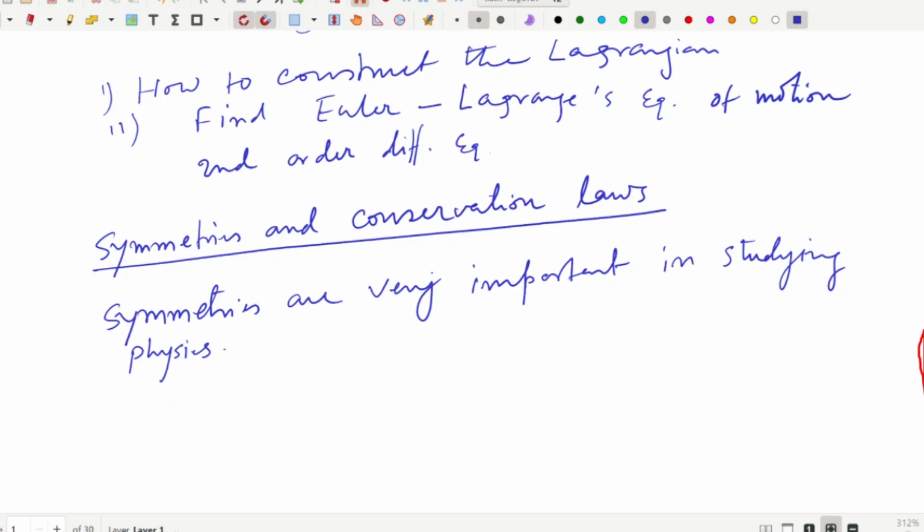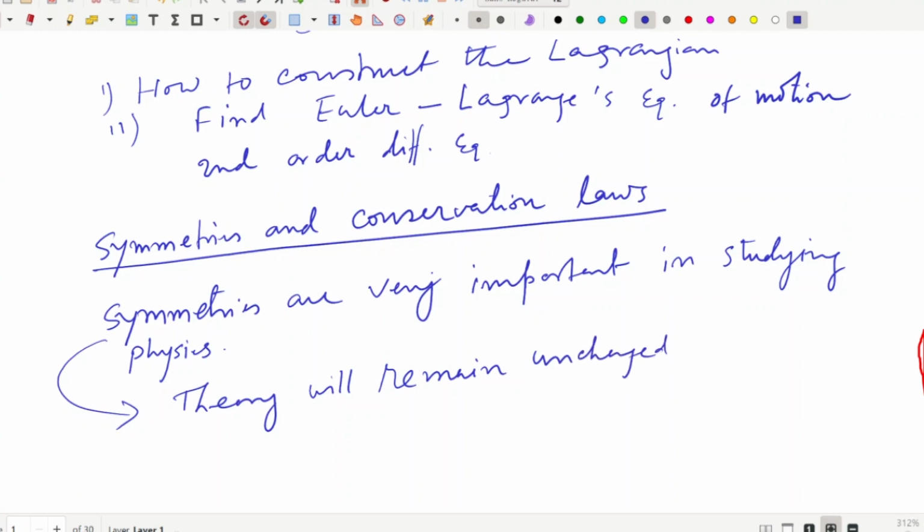We have seen in many places that by symmetry we will mean that our theory will remain unchanged under certain transformations.